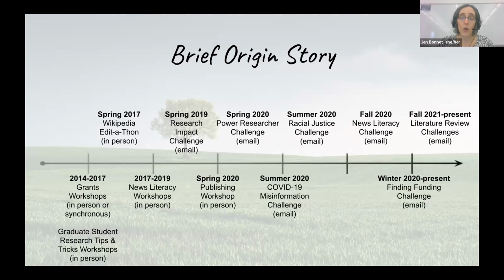So on this timeline, going from left to right is a selection of programs that we've implemented at different points in time to engage with issues and topics that are resonant for our various communities. For example, from 2014 to 2017, several colleagues and I designed programs like grants and research workshops that took place in the library, as well as a Wikipedia edit-a-thon, which also took place on site.